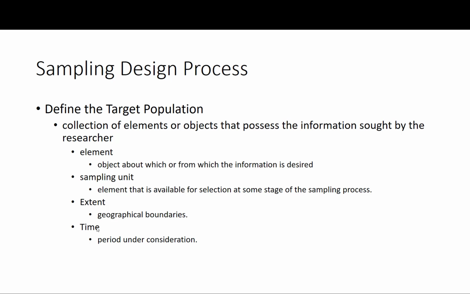And finally, the time. What period is under consideration? This is particularly of importance in doing things like advertising effectiveness surveys. So when an advertisement campaign is launched, they have various time periods in which they wish to see results.